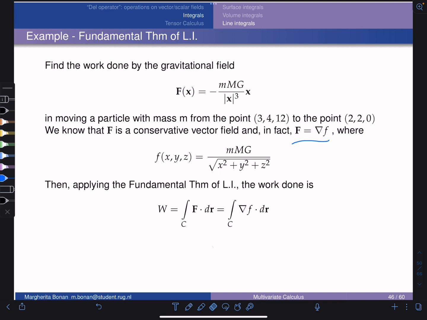And what we obtain by applying the formula we had before is f evaluated at 2, 2, 0 minus f evaluated at 3, 4, 12. Actually, this should be 0, as the point here is 0. And this gives us mg that multiplies 1 over 2 square root 2 minus 1 over 13.